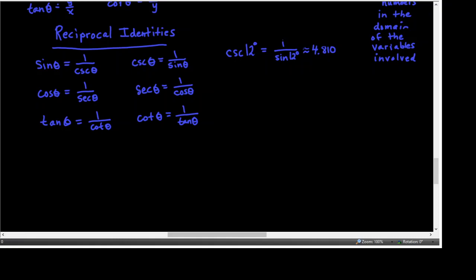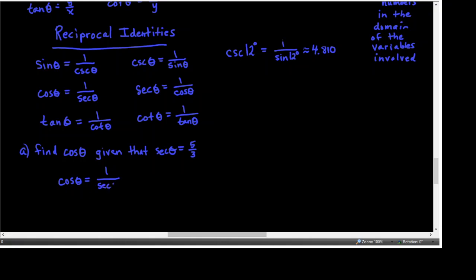Okay, so what types of questions might we encounter? Well, they're asking us in part A here to find cosine theta, given that secant of theta is 5/3. Well, using the second identity I wrote, cosine of theta, which is what we're looking for, is 1 over secant theta.